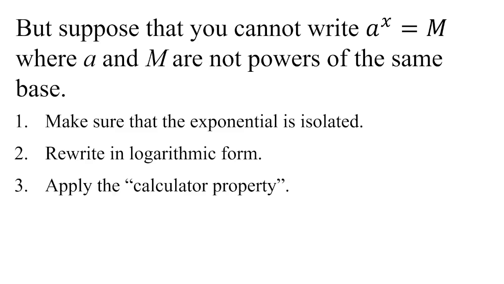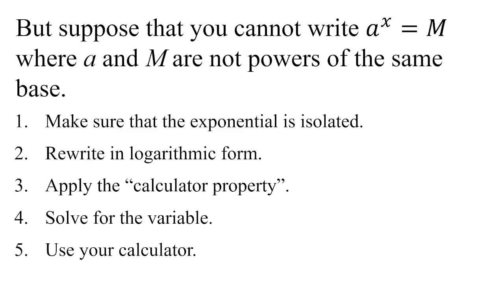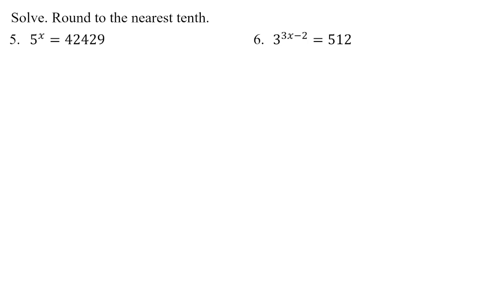Apply the calculator property, also known as the change of base property, and solve for the variable. And finally, use your calculator. So I'm going to show you an example of what this is talking about.